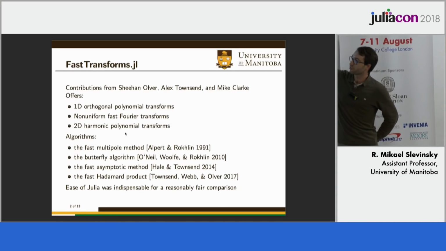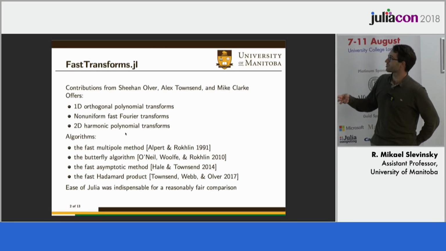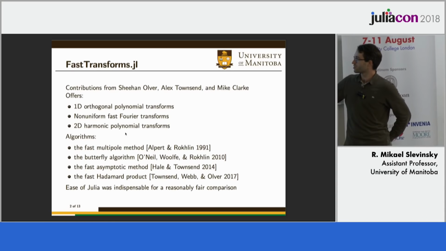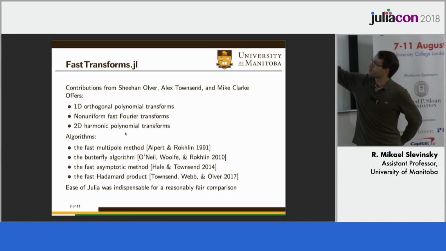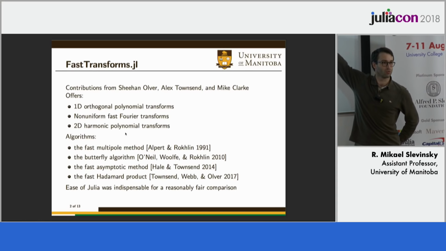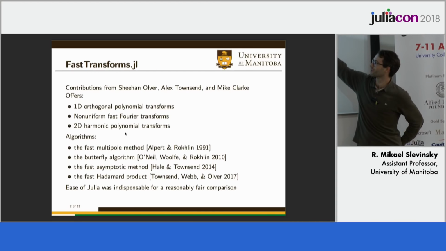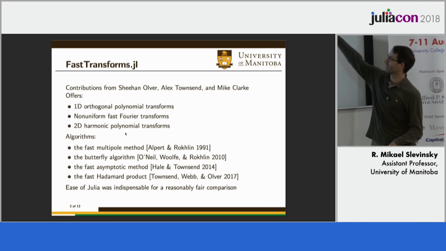It offers non-uniform fast Fourier transforms. So there's three different types of these. There's non-uniform points, there's non-uniform frequencies, and then there's both. And it offers two-dimensional harmonic polynomial transforms. And these are markedly different than 1D otherwise. I wouldn't just list them as orthogonal polynomial transforms because the algorithms are different.